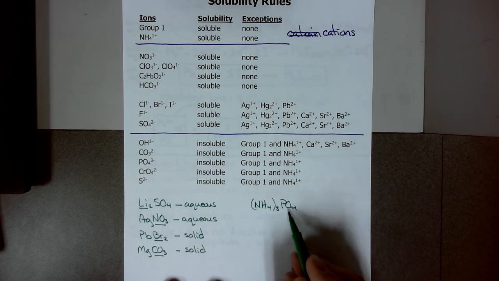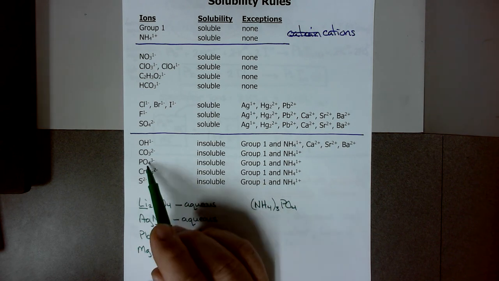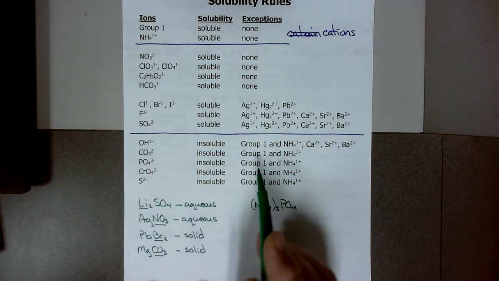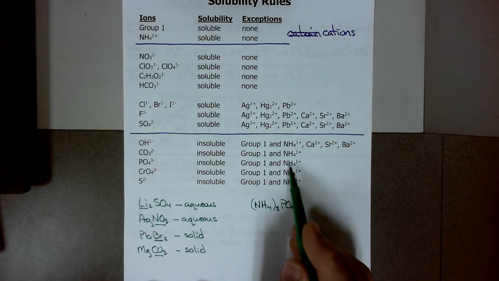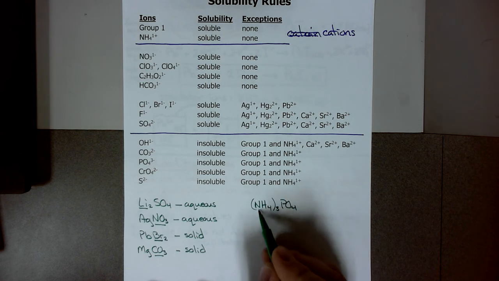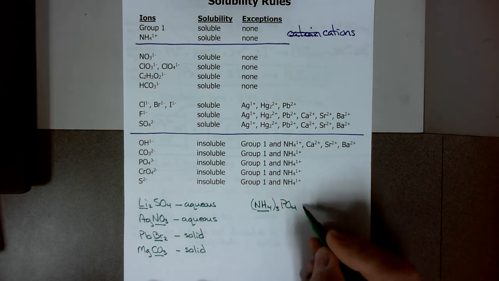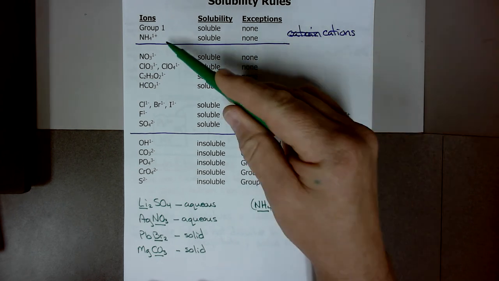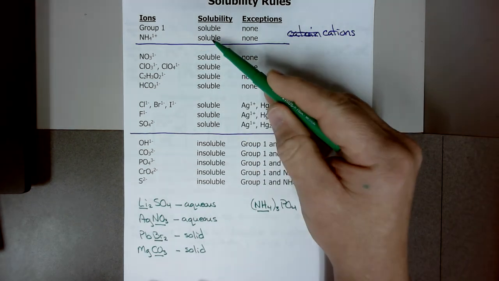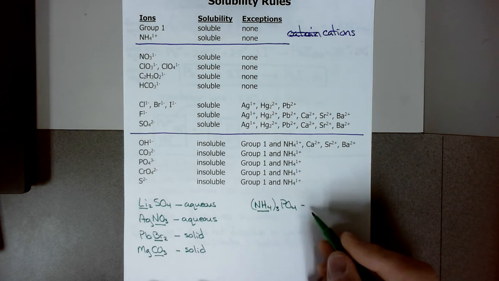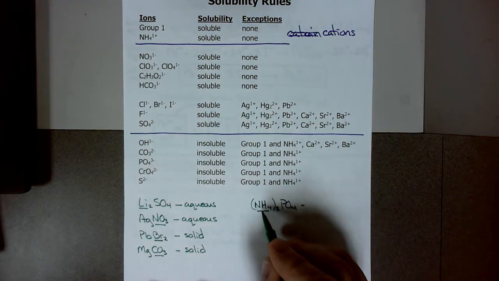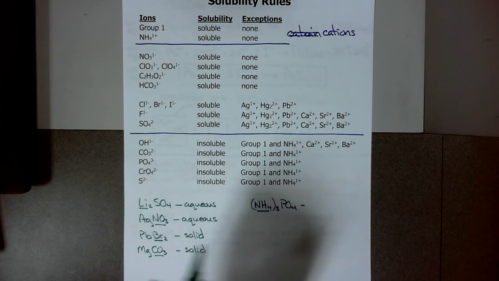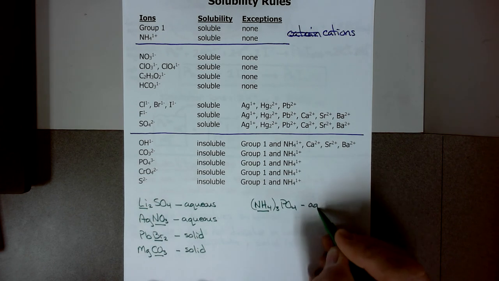Now I could look at the phosphate and go, okay, all phosphates are insoluble unless it's group 1 or ammonium. But the first thing I notice is that there's ammonium, and we know that all ammonium compounds are soluble or aqueous, and there's no exception. So it doesn't matter. As long as I see ammonium or a group 1 to start with, I know they're always aqueous.